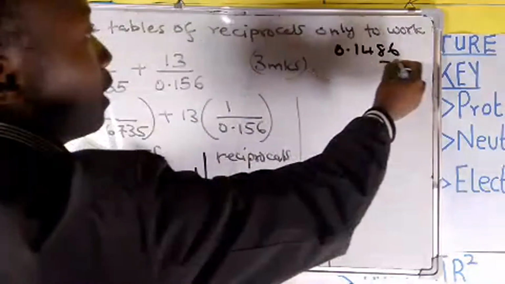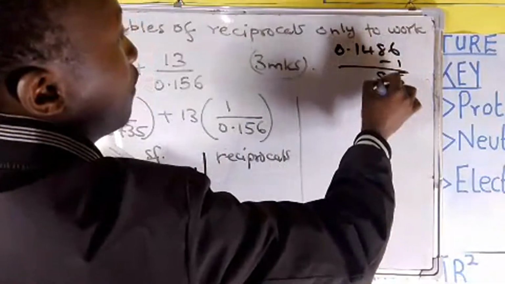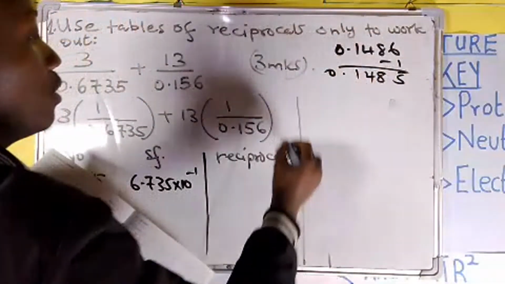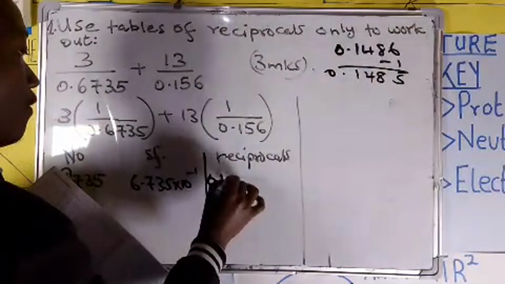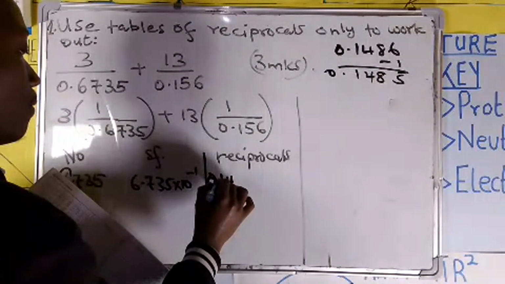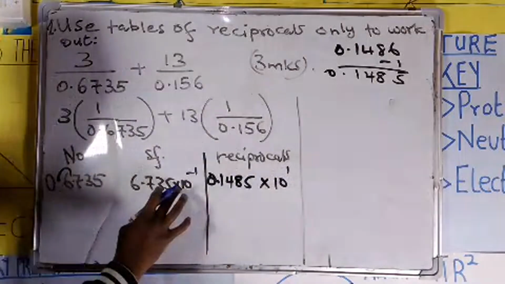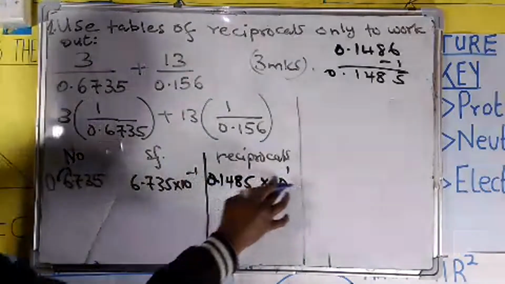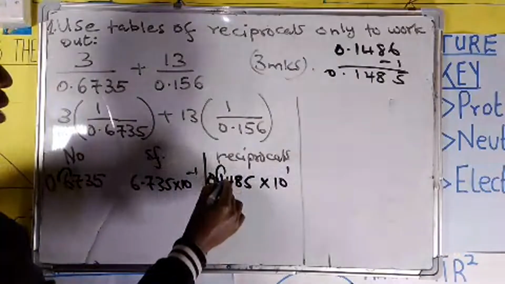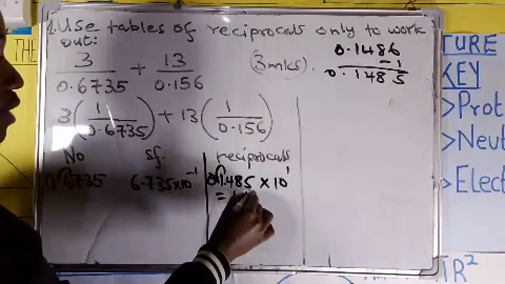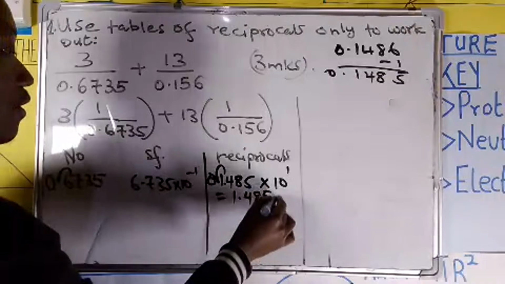We subtract 1, so it will be 0.1485 times 10 to power 1. The reciprocal of 10 to power negative 1 is 10 to power 1. Then this decimal will go back there, so that we have 1.485.